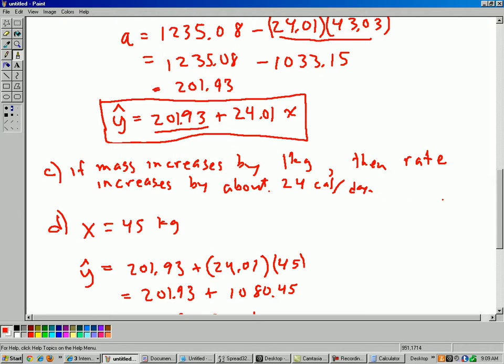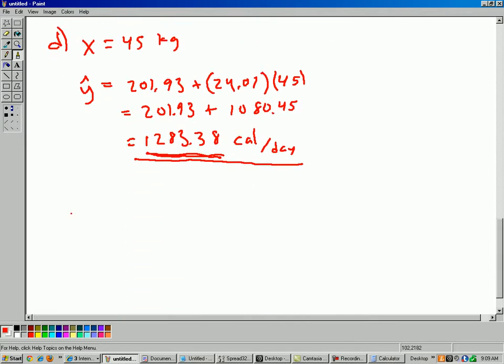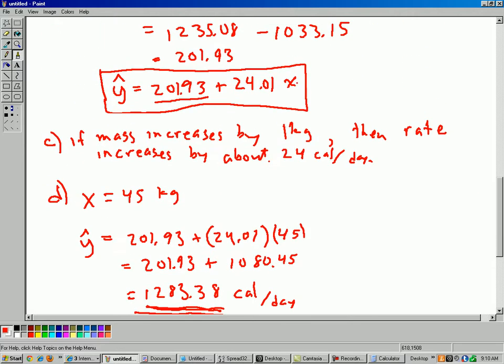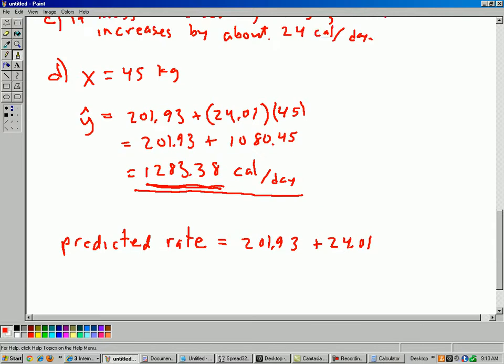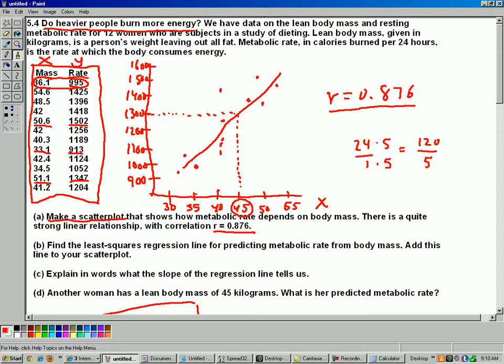y was the rate. So you could say something like this. You could say the predicted rate is equal to 201.93 plus 24.01 times, and then instead of x, you can actually say what x represents, which is mass, or I guess more accurately, it's the lean body mass.